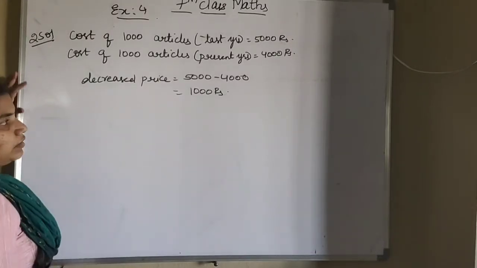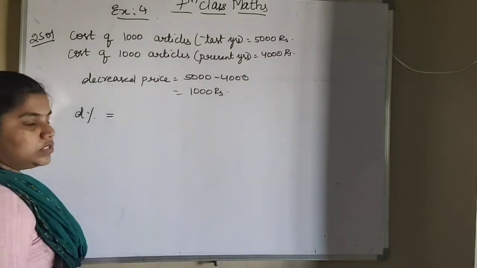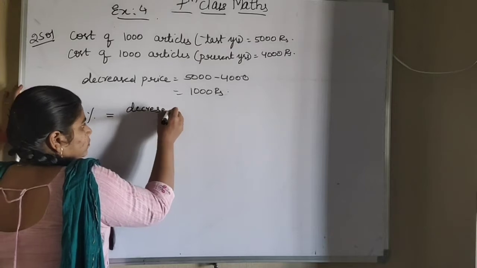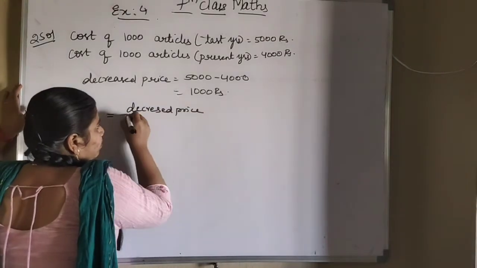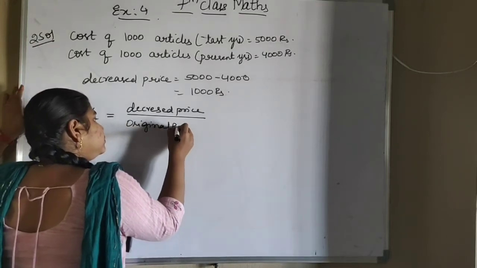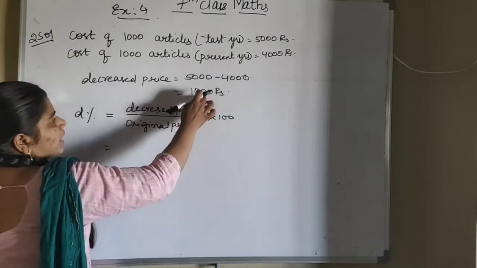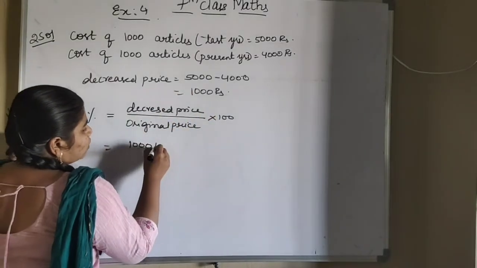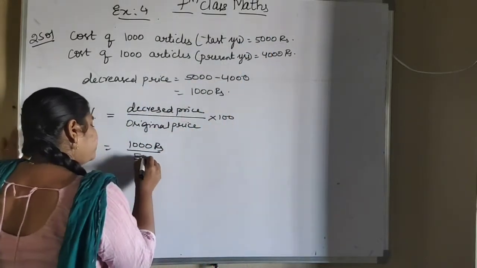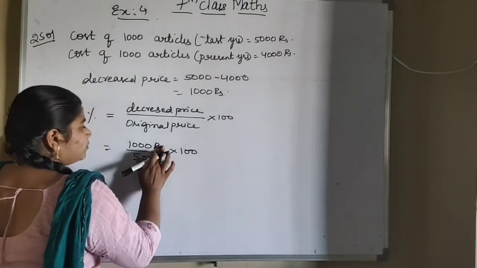Now we have to find the decreased percentage. Decreased percentage is equal to decreased price by original price into 100. So decreased price is how much? 1000 rupees by original price, which is 5000 rupees, into 100.